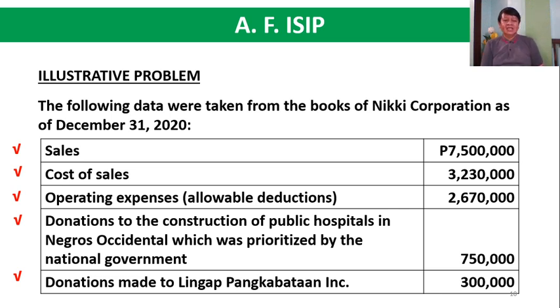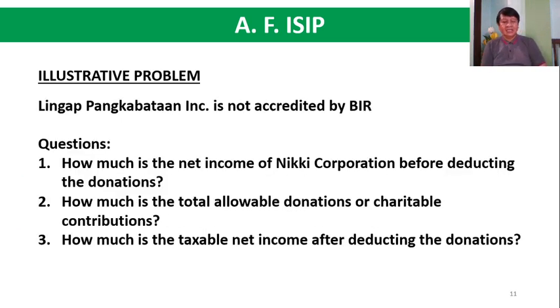Let's see if Lingap Pangkabataan is accredited by BIR. So here we can see that Lingap Pangkabataan Incorporated is not accredited by BIR. Therefore, the amount of 300,000 pesos is not wholly deductible. There are some limitations as far as this donation is concerned.